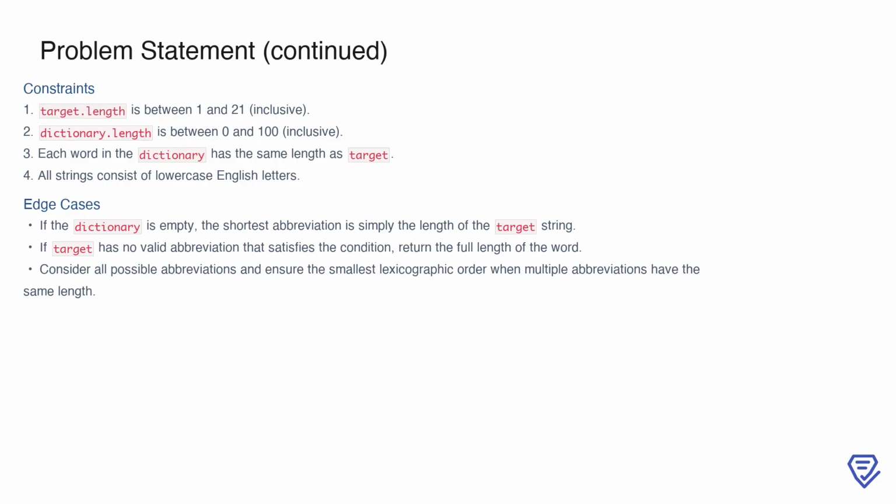For edge cases, if the dictionary is empty, the shortest abbreviation is simply the length of the target string, represented as a number. On the other hand, if no valid abbreviation satisfies the uniqueness condition, you return the target string's full length as its abbreviation. Finally, when multiple abbreviations of the same length are possible, always choose the one with the smallest lexicographic order.